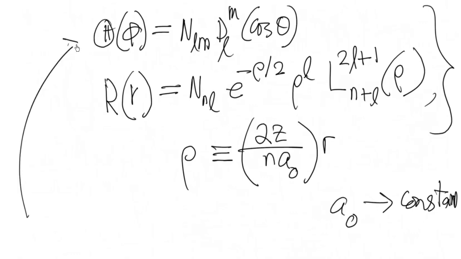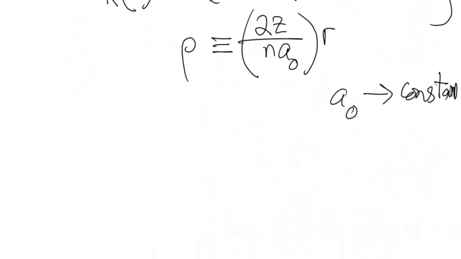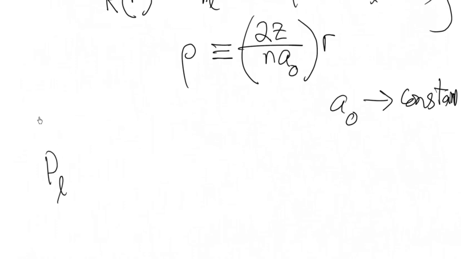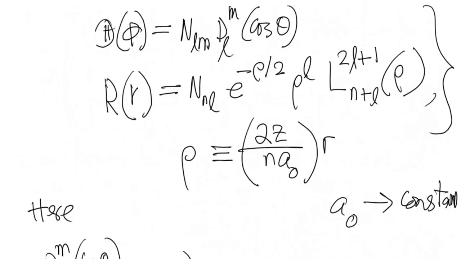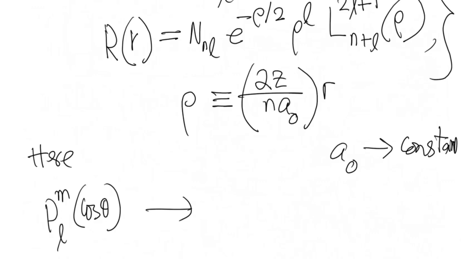This solution, the function P L m, is known as the associated Legendre polynomials.